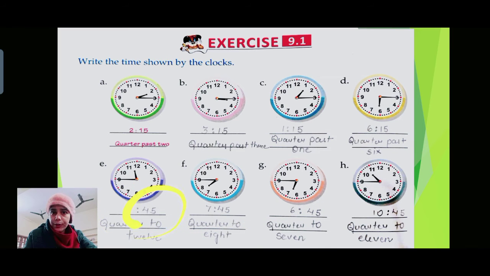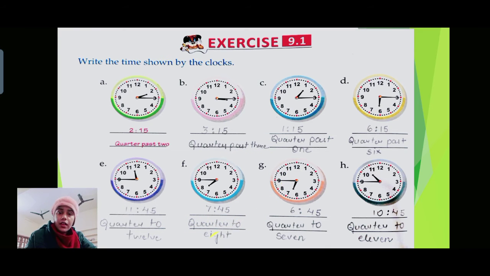Now look here, the minute hand is on 9 and the hour hand is in the middle of 11 and 12, and since the minute hand is on 9, it will be quarter to the next hour, 11:45 in digits. Understood, children? Similarly here it will be 7:45.